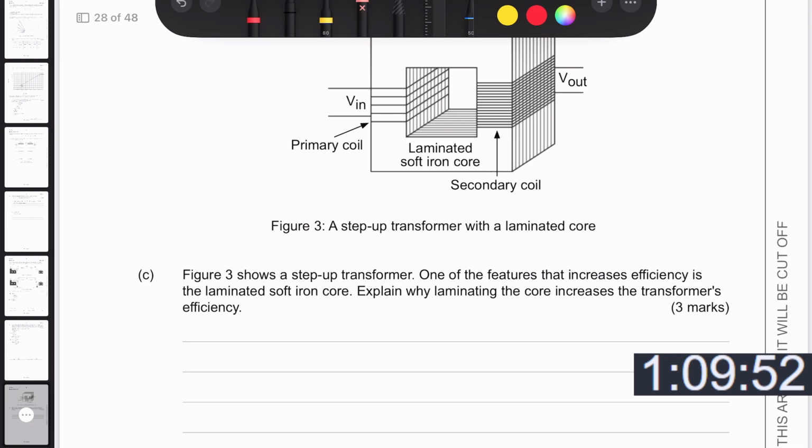Okay, Figure 3 shows a step-up transformer. One of the features is the laminated soft iron core. Explain why laminating the core increases the transformer's efficiency.